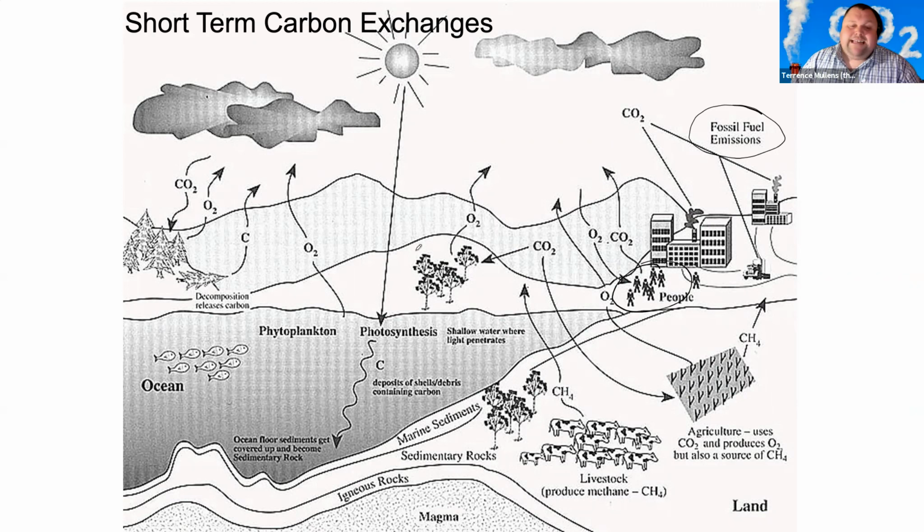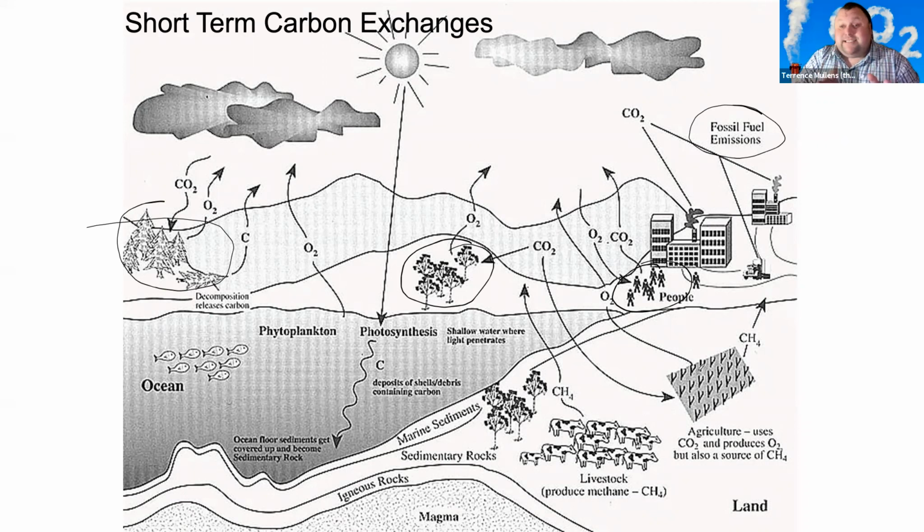Plants dying and decaying, over here actually, I lied, over here, also release carbon. Photosynthesis absorbs carbon. Agriculture absorbs carbon and releases oxygen. There's all these different components, and you don't have to memorize this. But there's a bunch of different legs to short-term carbon cycles.